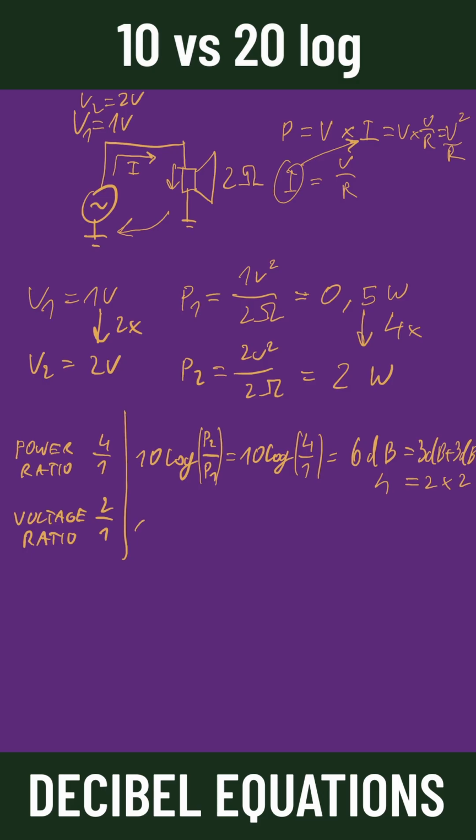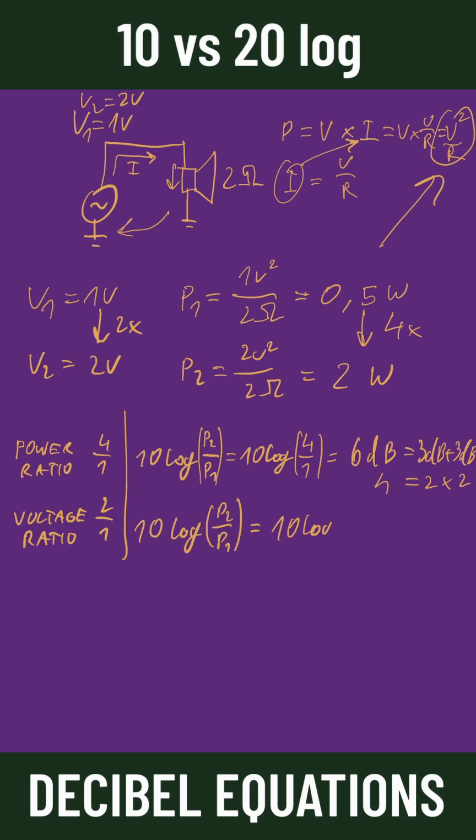So now let's start off the same equation, 10 logarithms, and we have P2 to P1 again, still comparing powers here, not voltages. And let's substitute the powers, express it with power equation with voltage squared.